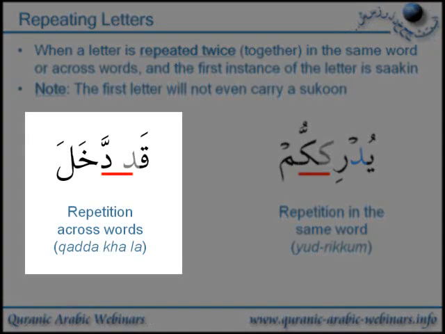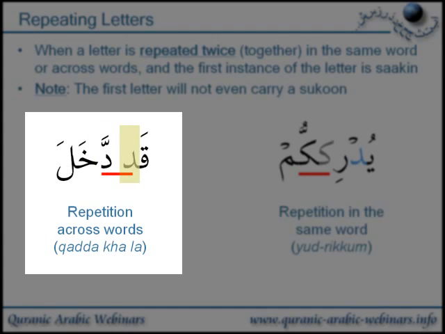Okay, the next example, we have the same situation, however it occurs over two different words. The first word here is qad, and the next one is dakhala. However, because the two dals effectively come together when you do your recitation, we completely ignore the first dal.